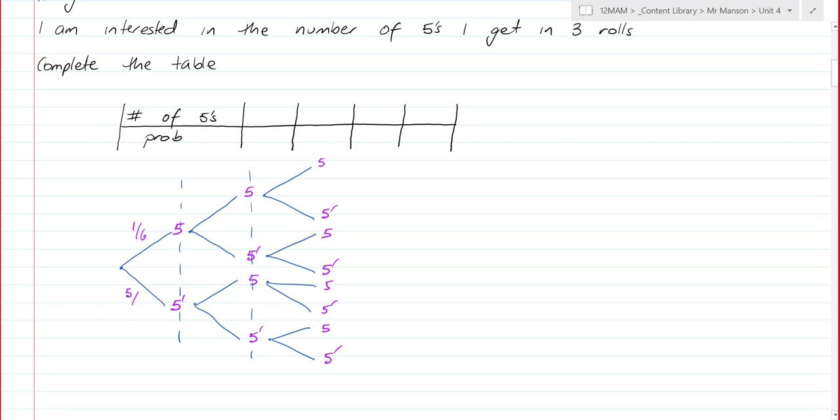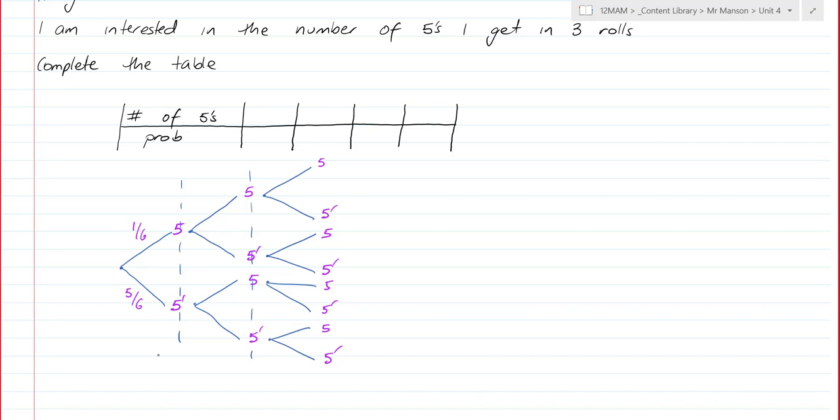The first point I want to make here is if you've rolled a dice 3 times, there are 216 possible outcomes, 6 to the power of 3. But because I only care about whether I get 2 fives or 3 fives or 1 five, I'm only dealing with 5 or not 5, which gives me 8 possible outcomes. And it actually gives me overall 4 outcomes.